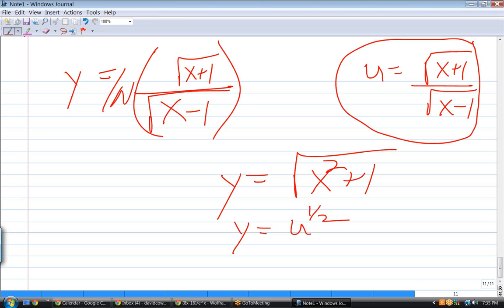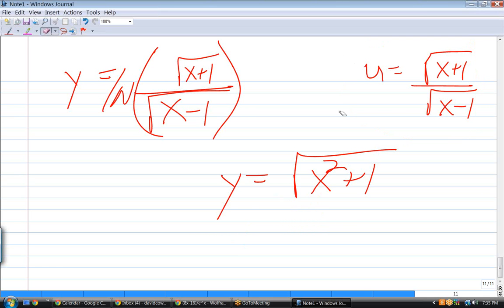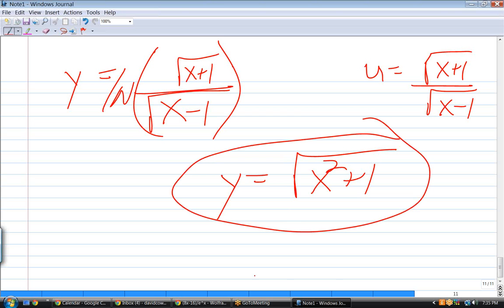But in other words, I don't want to confuse you by jumping back and forth here, so let's understand how the chain rule works. If I'm going to differentiate that, let's first of all rewrite it without radicals. If you rewrite it with exponents, it makes it a lot easier.